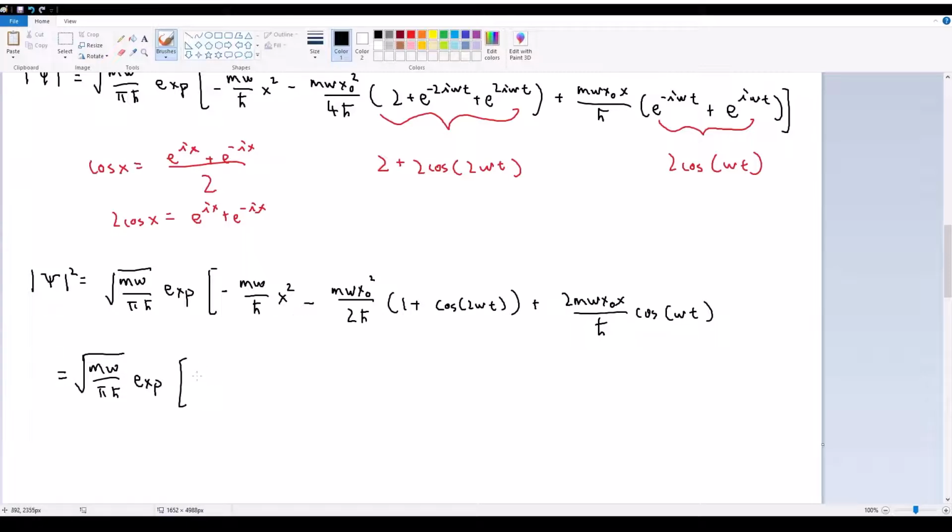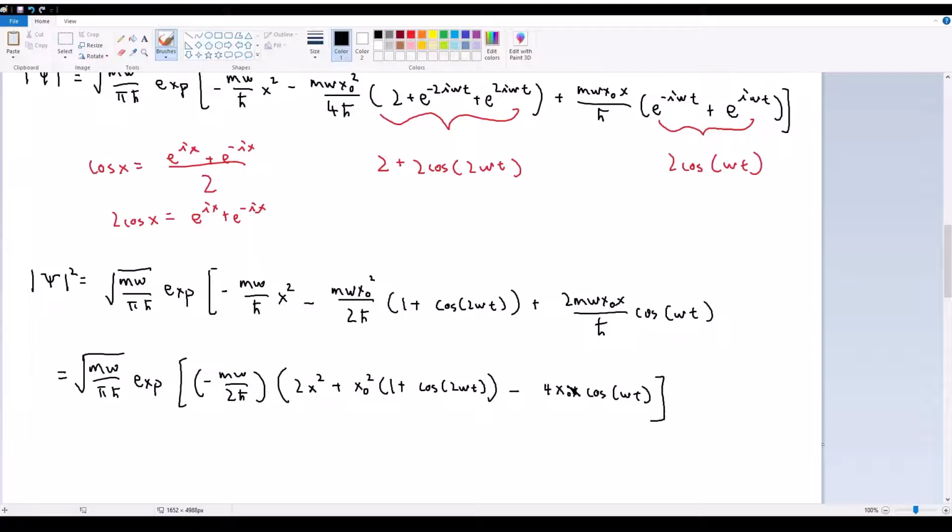So I'm going to get negative m omega over 2 h bar, and this is going to give me 2x squared plus x naught squared times 1 plus cosine 2 omega t, and then subtracted by 4 x naught times x, no, not divided by, there's no h bar anymore, and then multiplied by cosine of omega t.